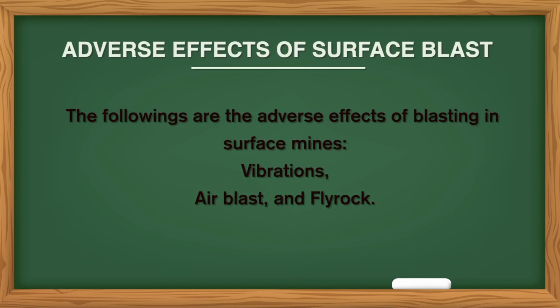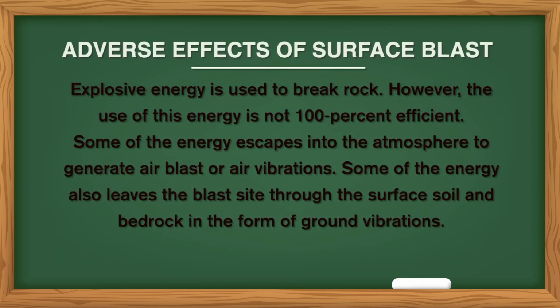Adverse effects of surface blast. The following are the adverse effects of blasting in surface mines: first, vibration, then air blast and fly rock. Explosive energy is used to break rock. However, the use of this energy is not 100% efficient.